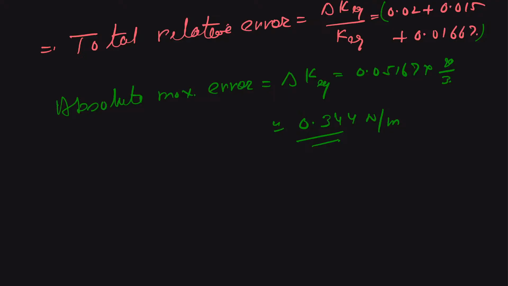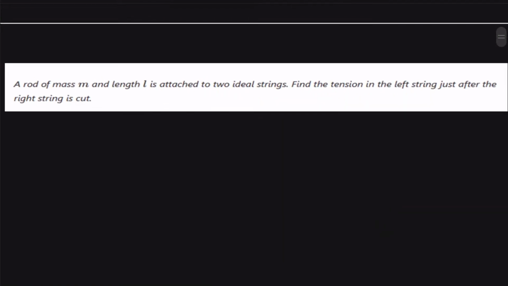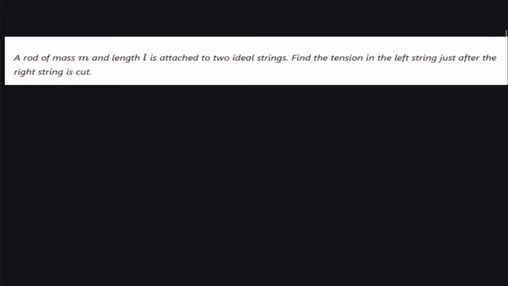So the second question. Okay, in this case we are given that we have a rod and it is hung by two strings.